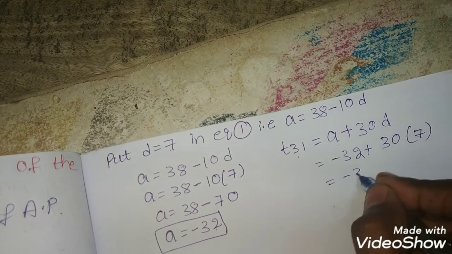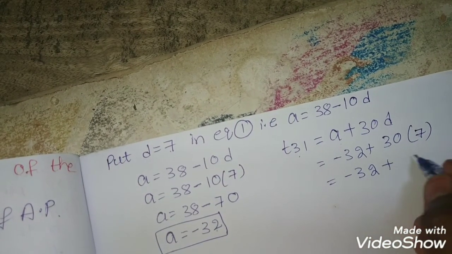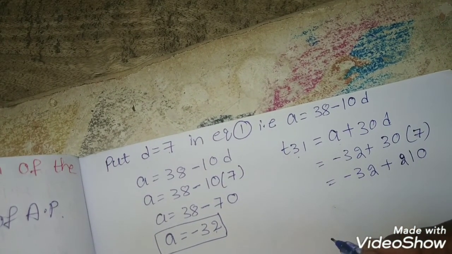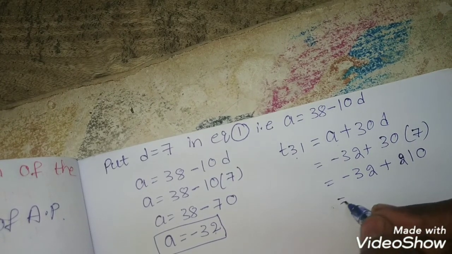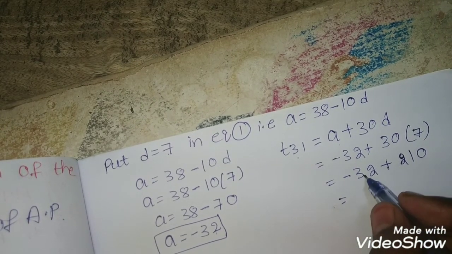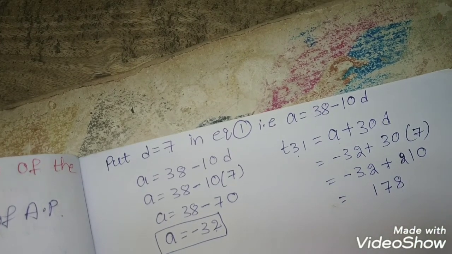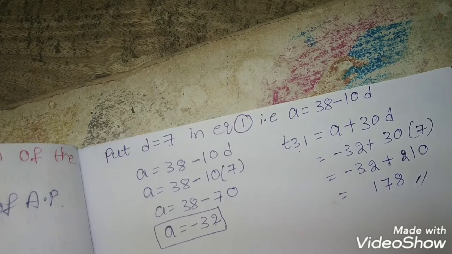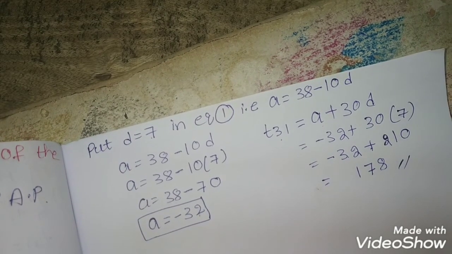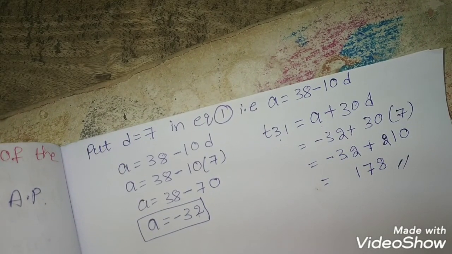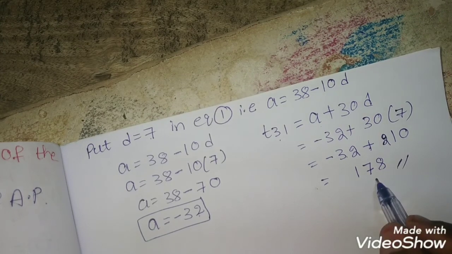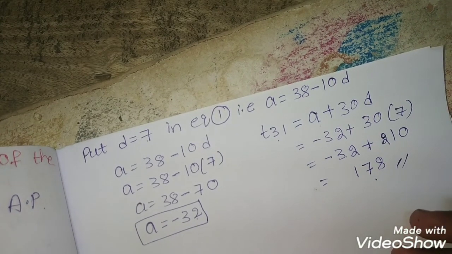So minus 32 plus 30 sevens are 210. What is 210 minus 32? 178. This is our solution. Therefore, the 31st term, T31, is equal to 178.